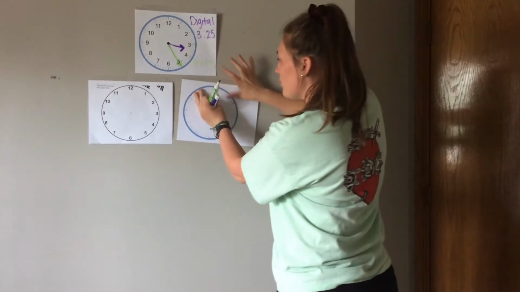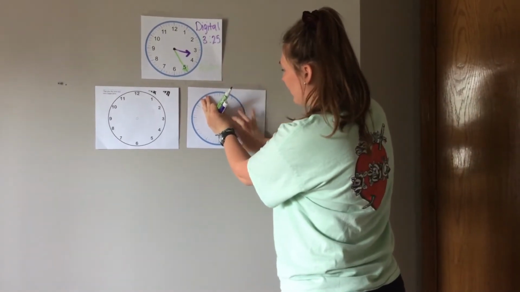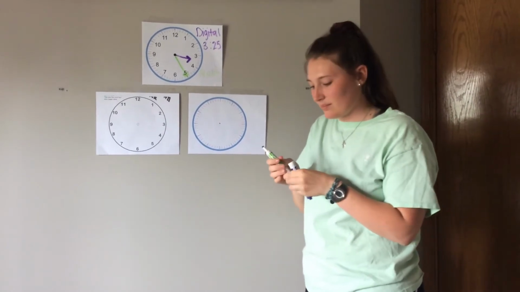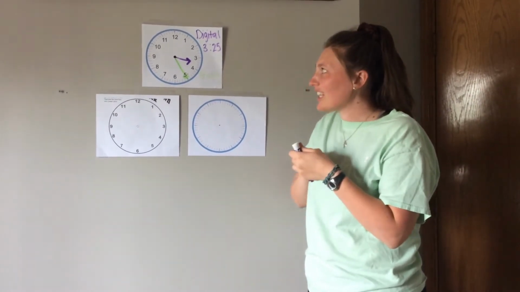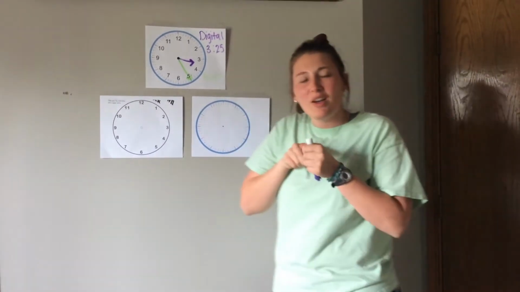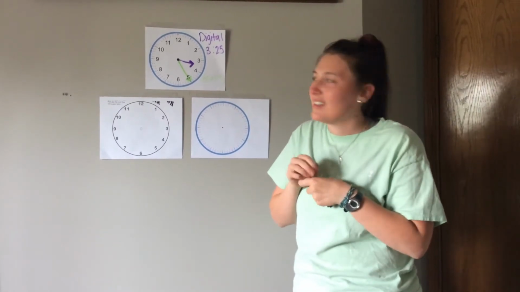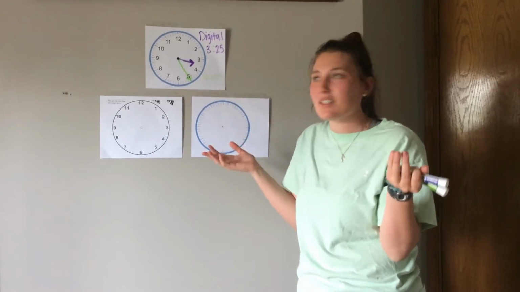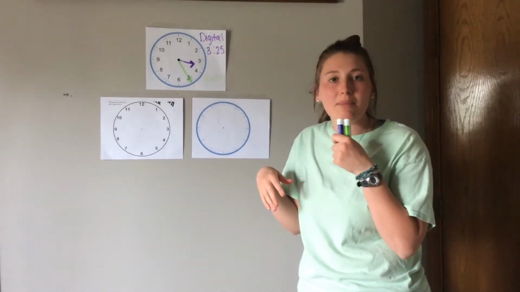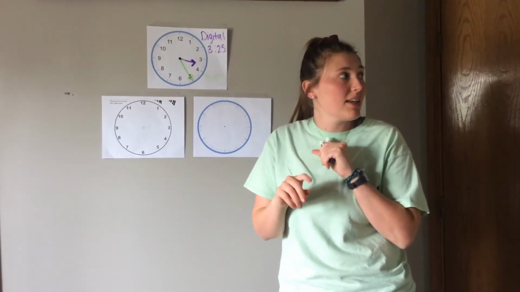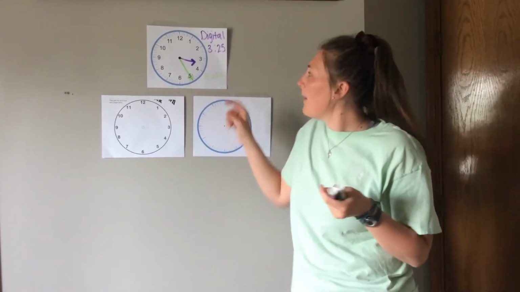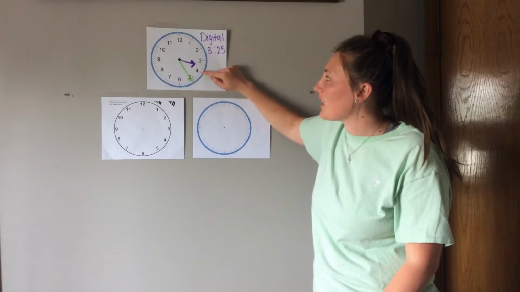Now, does anyone notice anything else about my hour hand? Yeah, it's not exactly at the 3. Why would that be? Yeah, it's because the hands, they move at the same time. If you watch super closely, you can kind of see the hour hand move, but you don't notice it very much because it only moves from here to here.